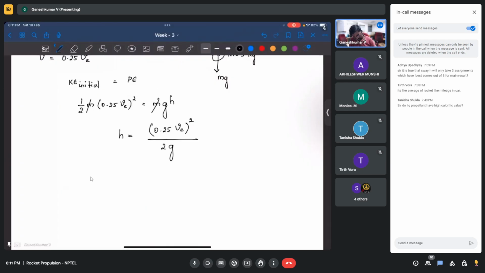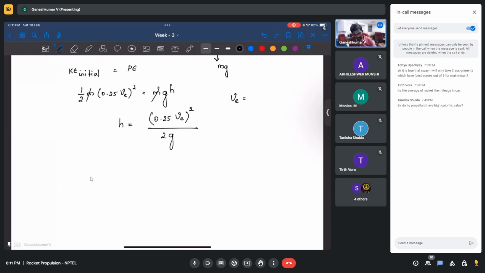So is this what you did? What is the escape velocity, how do you find it? I use the formula that escape velocity is under root 2 G Me upon Re. What escape velocity are you getting? 11.2 kilometers per second for Earth, I feel. Yes, approximately.